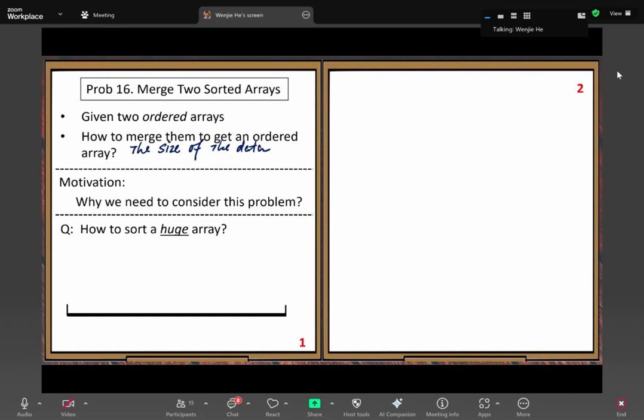So think about that. Let's imagine you store the data, the array data, on your hard drive.